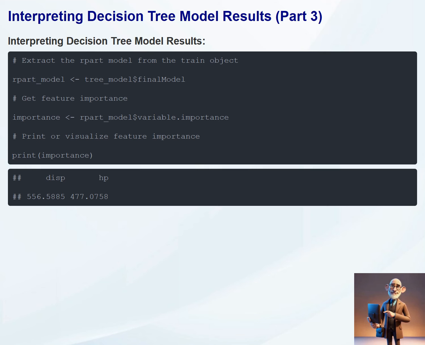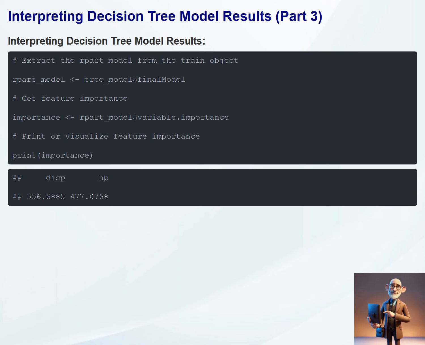Higher importance scores suggest that a feature has a more substantial impact on the model's predictions. By inspecting these scores, we can identify the most influential variables and prioritize them in our analysis or further modeling efforts. This information is crucial for understanding which variables play a significant role in the decision-making process of our model.